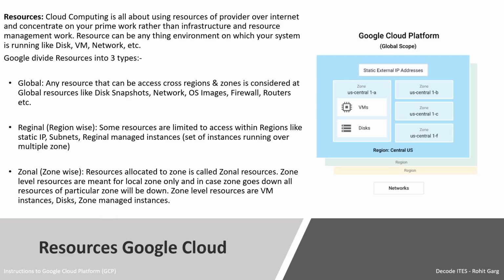Zone level resources are meant for the local zone only, and in case the zone goes down, all resources of that particular zone will be down. Zone level resources are VM instances, disk, zone managed instances.